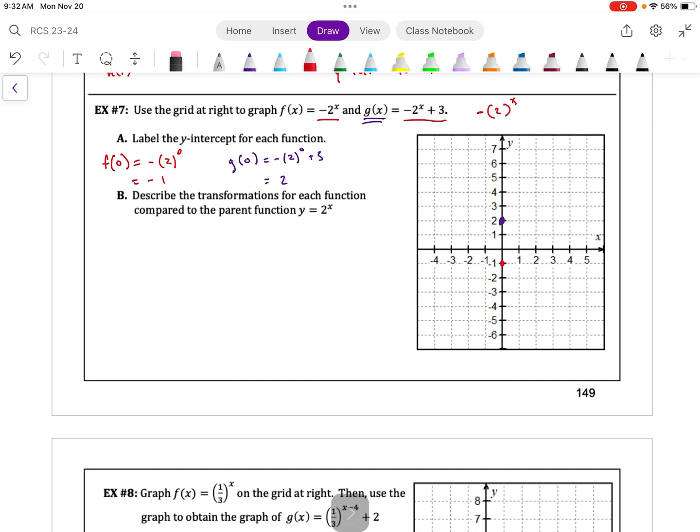Now I'm going to plug in some points for each of those. For my f function, I'm going to do f of negative 2, f of negative 1, f of 1, and f of 2. And I'm going to do the same thing for my g function.